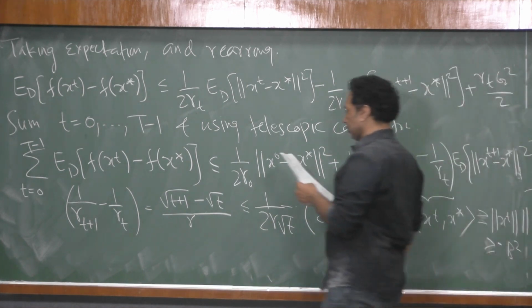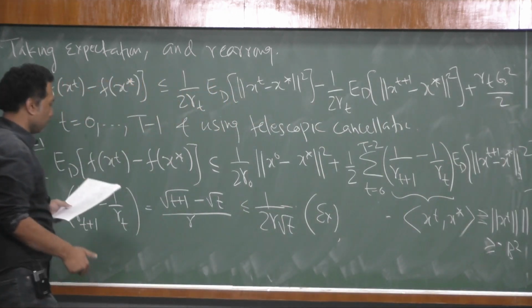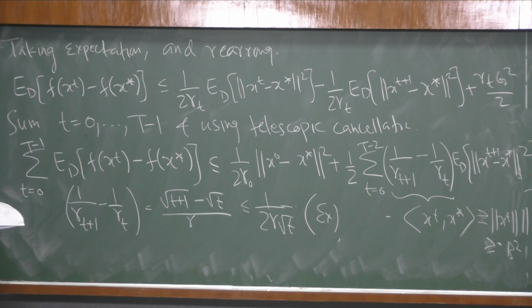So this is being claimed. Let us see if it makes sense. And gamma t was gamma by square root of t plus 1. X naught minus x star will also be less than equal to 4b squared.